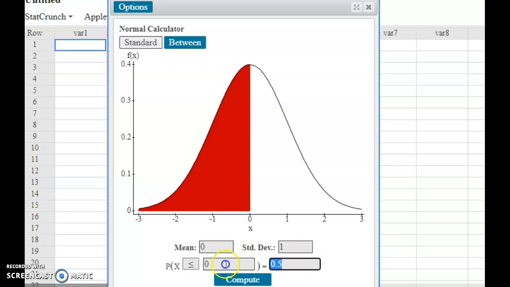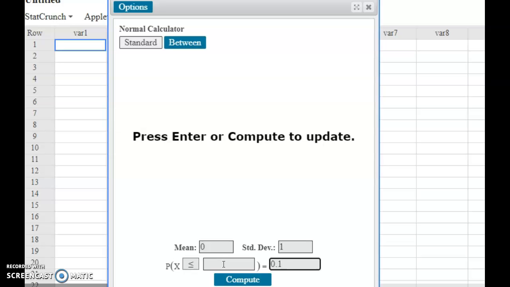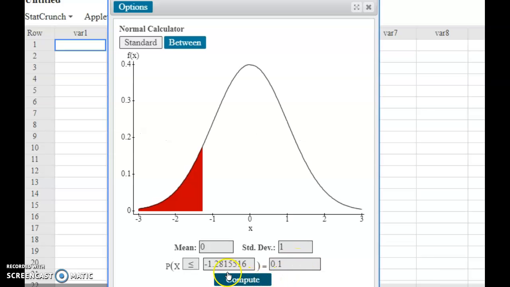We want the area to the left to be 10% or 0.1. We simply put in our answer on the right and hit enter, and this gives us the z-score. It says a value less than negative 1.28 would give us a left area of 0.1.